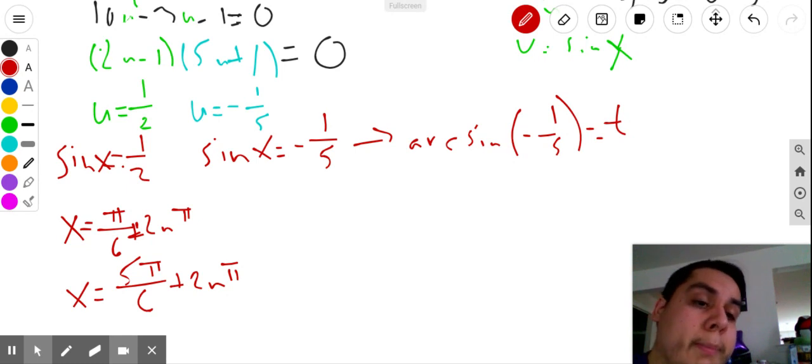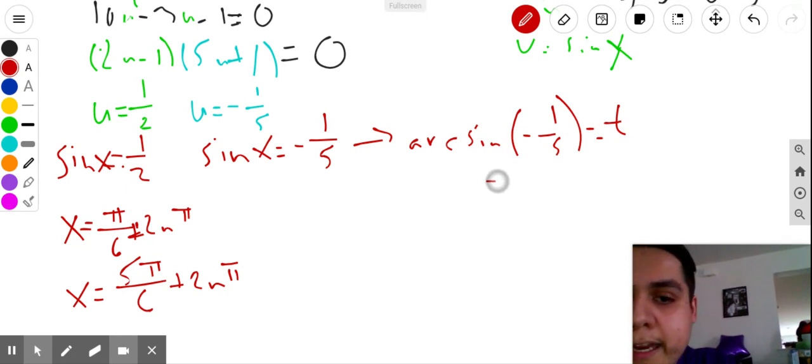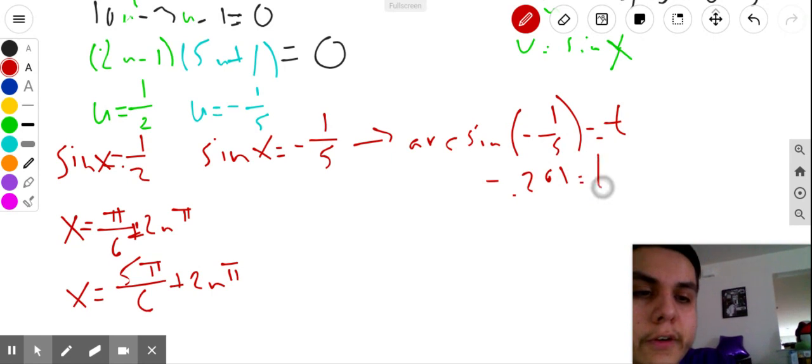So when you type that in, make sure your calculator is in radians, and if you do so, your calculator should spit out negative 0.201 for your angle.